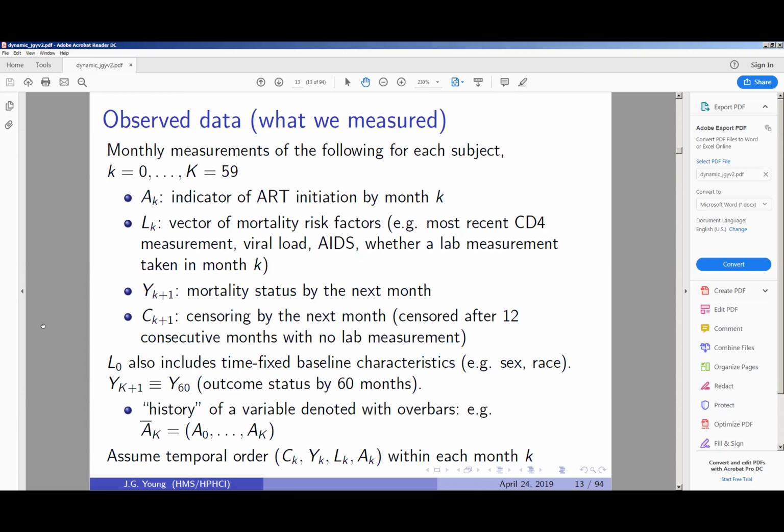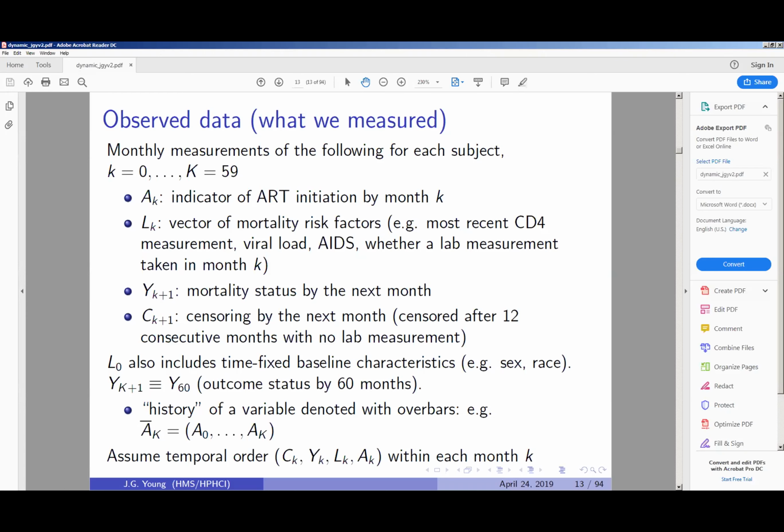So this is their outcome status by 60 months. So in this special case, we'll just denote this Y60 to keep that example in mind. We denote the history of any of these variables with an over bar. So A bar capital K here denotes this observed initiation status history from baseline through capital K.